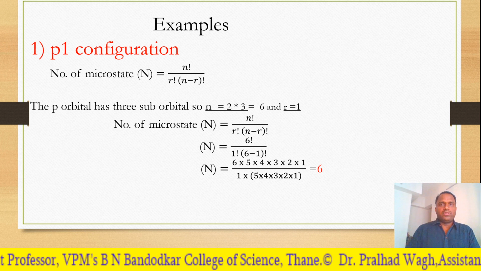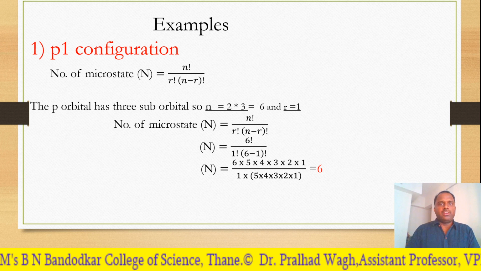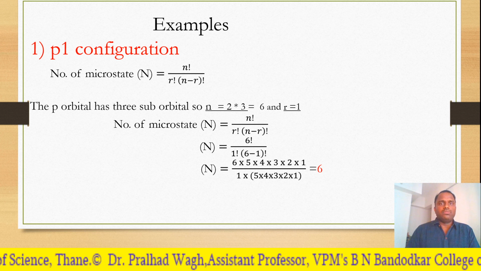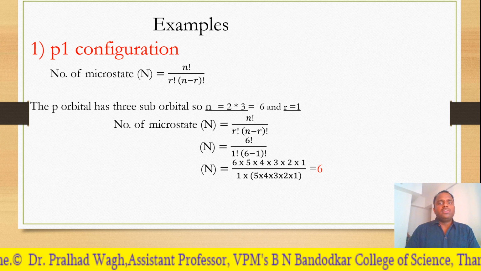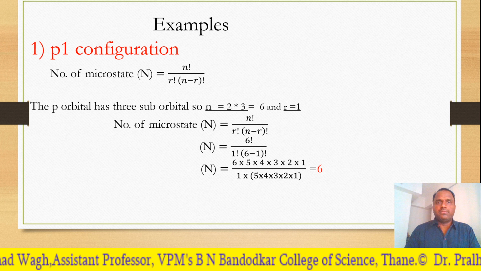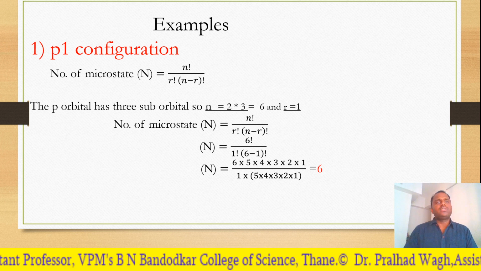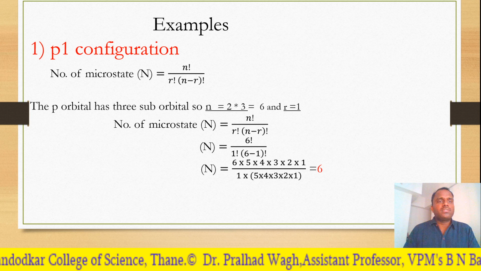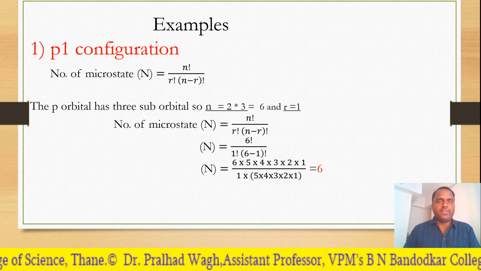So the 5 factorial above and the 5 factorial in the denominator get cancelled. The remaining term is only 6 divided by 1, so it becomes 6. So 6 microstates, or possible arrangements, are there for p1 configuration.